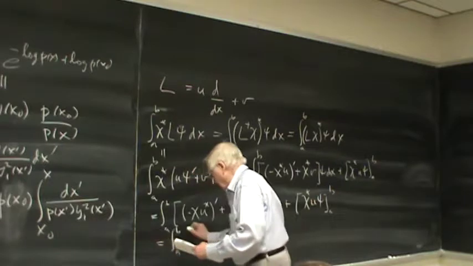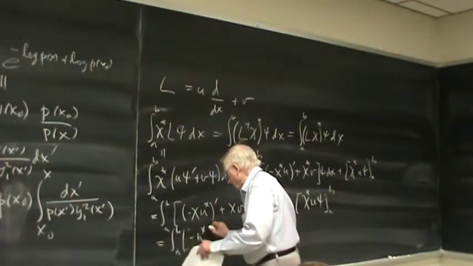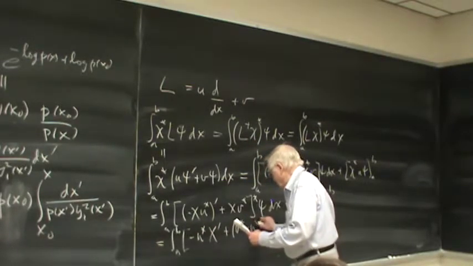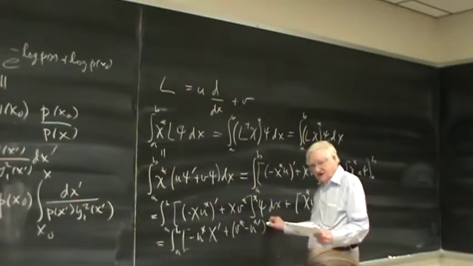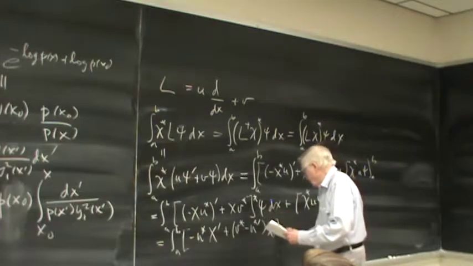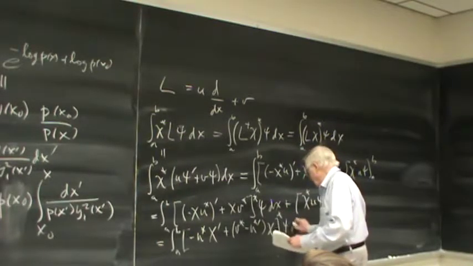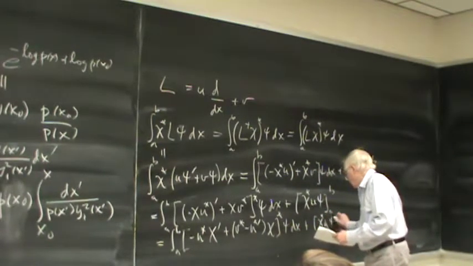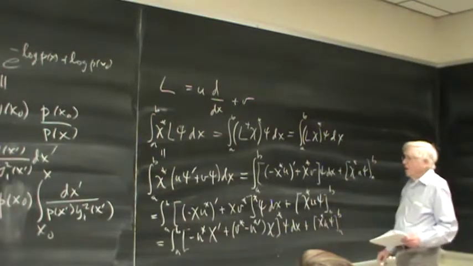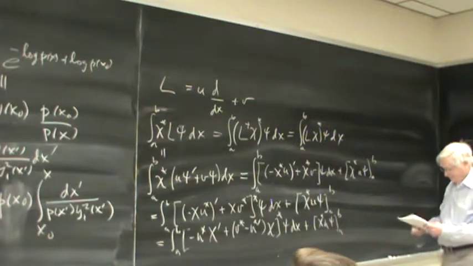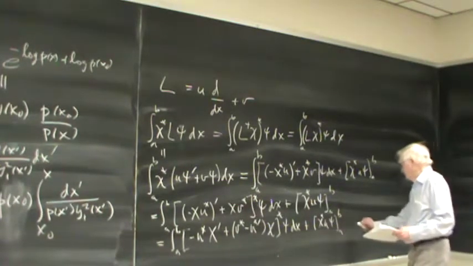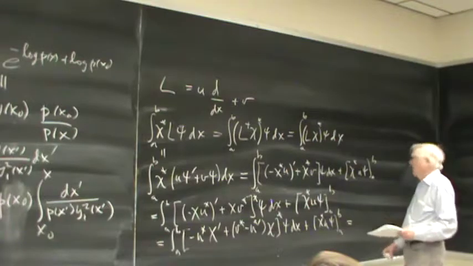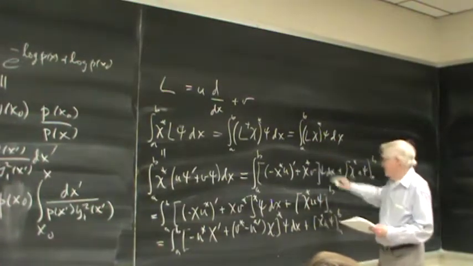We get the integral from A to B of minus u star chi prime plus v star minus u star prime, prime meaning d by dx, of course, chi star psi dx, plus, again, the same term, chi star u psi from A to B. Okay, we want that to be this.